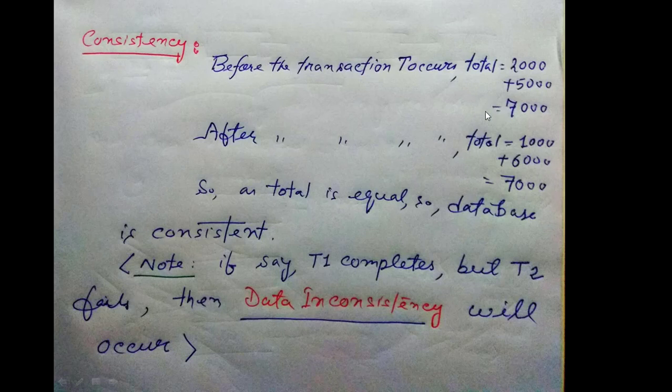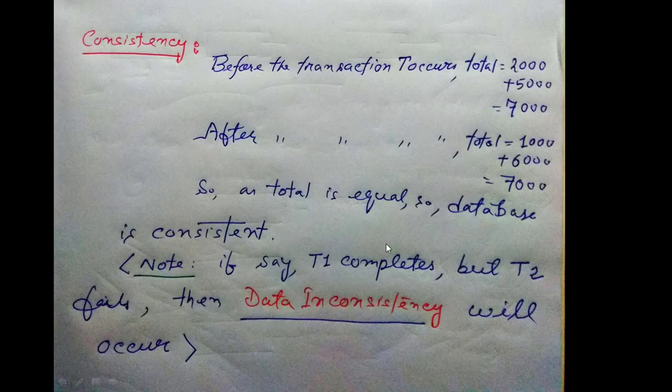The total before the transaction is 7,000 and after the transaction it is 7,000, so the total is equal. So we can say that the database is consistent. Got it? Consistency means the total of the data should be maintained equal.